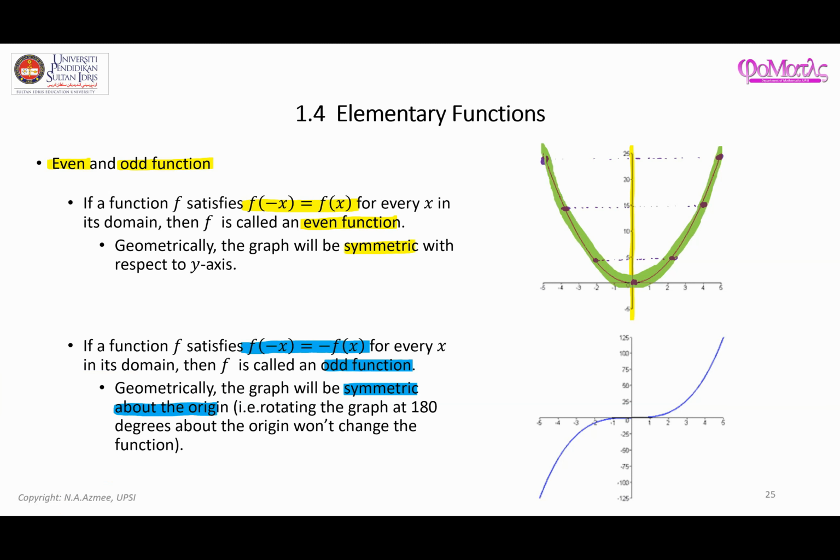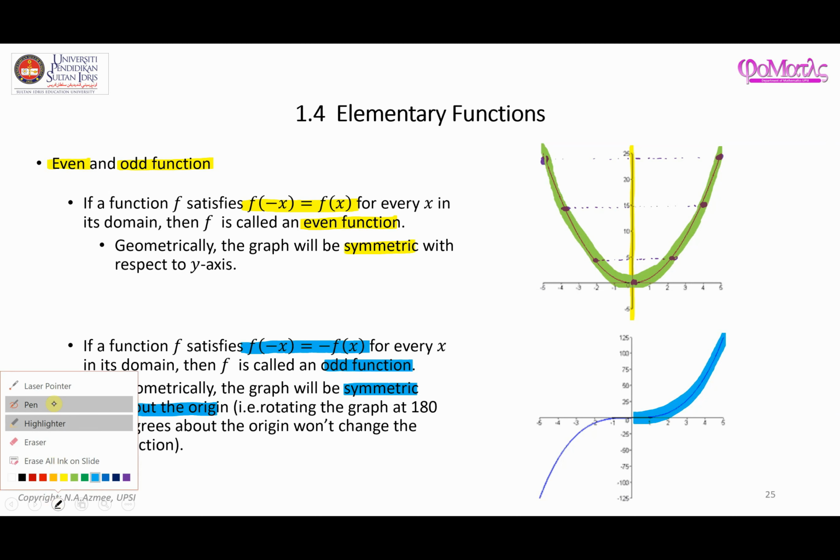So let's say that first we have this graph here. Next, let's say you have this point here to consider, and it says that it should be symmetric about the origin.